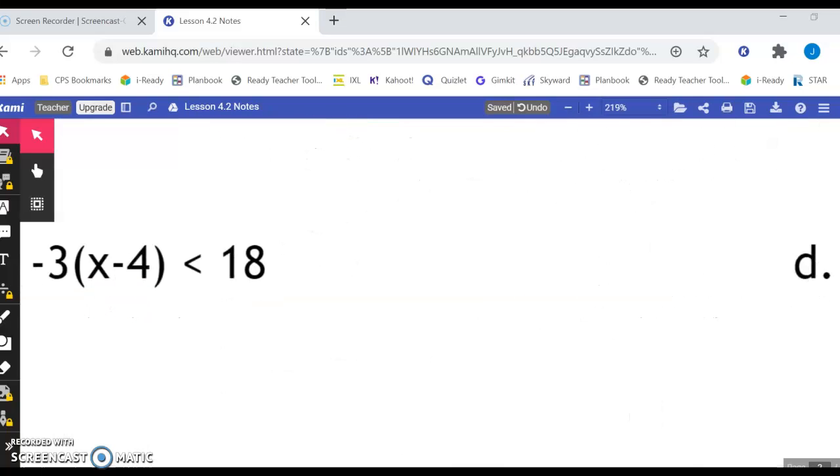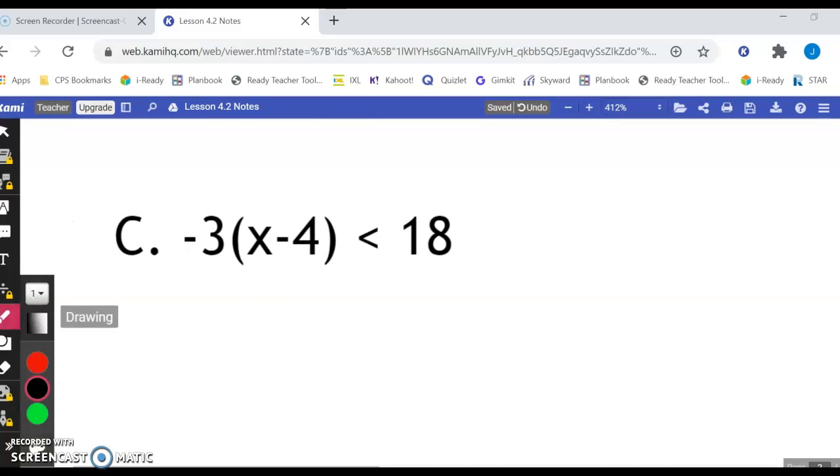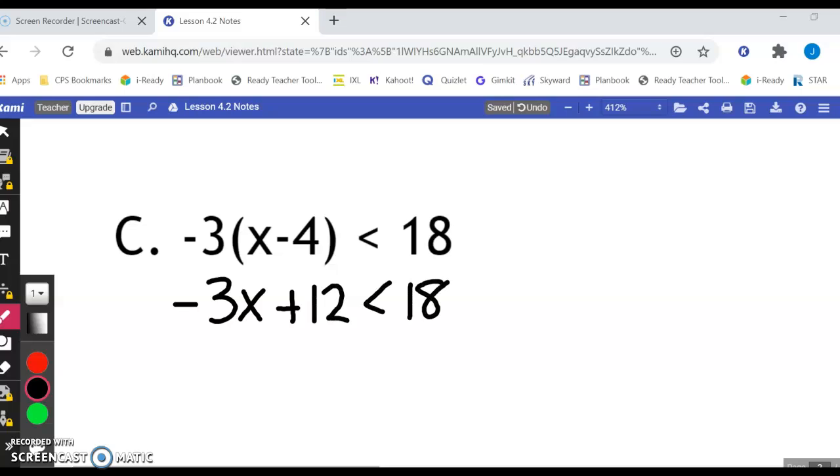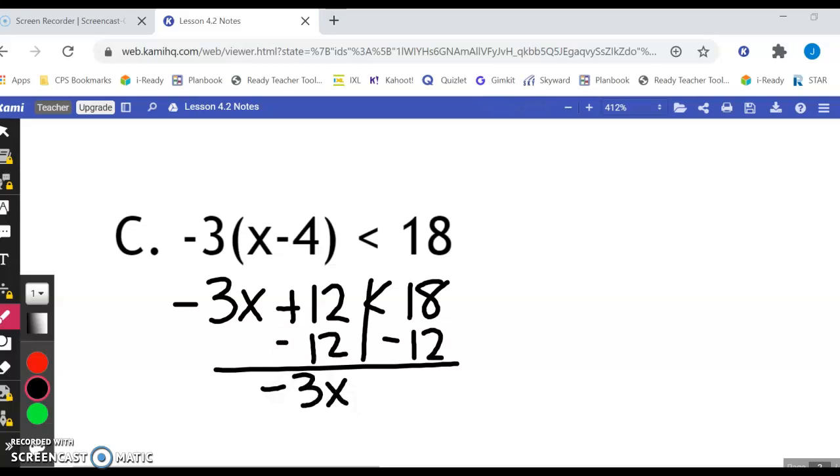Okay. Part C, we're going to have to distribute that negative 3. So we're going to have negative 3x plus 12 is less than 18. We're going to minus 12 from both sides. So we're going to have negative 3x is less than 6.